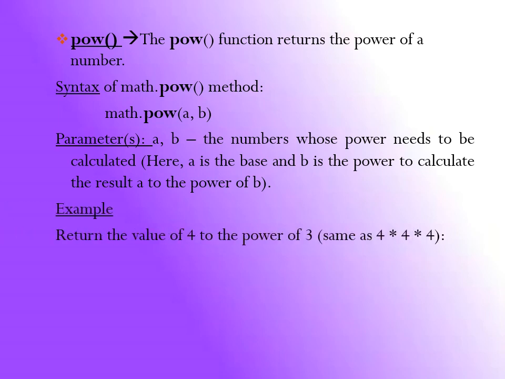If we want to find 4 to the power 3, the value of 4 to the power of 3 is the same as 4 into 4 into 4. So we have to write the syntax pow within parentheses 4 comma 3. Here 4 is the base and 3 is the power value. So it will calculate it as 4 to the power 3, that is 4 into 4 into 4.